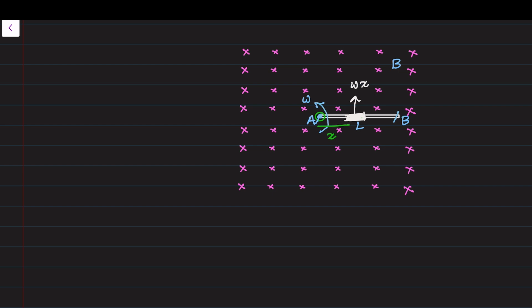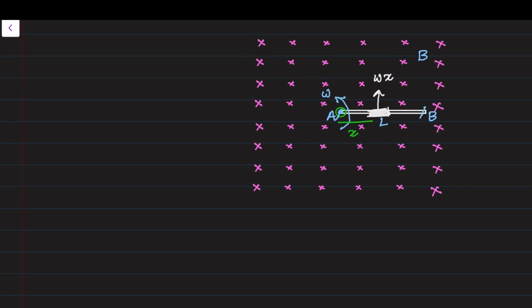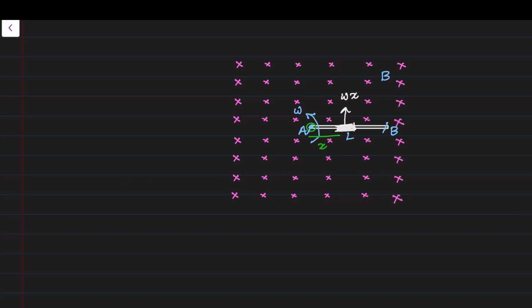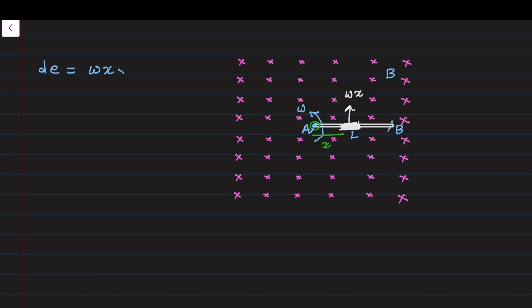So to determine the EMF generated, I am taking an element at a distance x of width dx. Now the velocity of this small dx part is omega x. So the EMF across this small element is dE equal to V cross B. V is omega x, and the angle between velocity and magnetic field is 90.